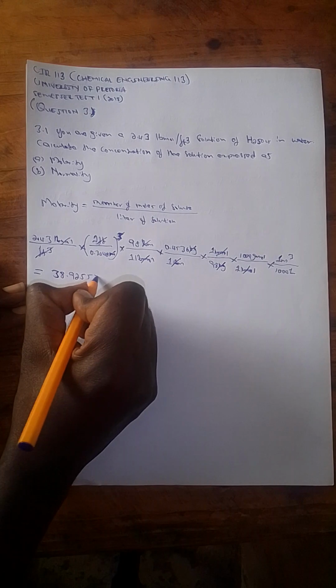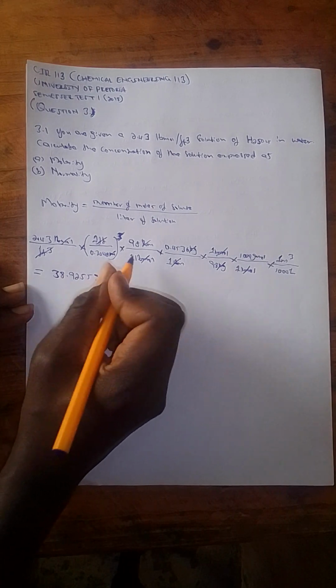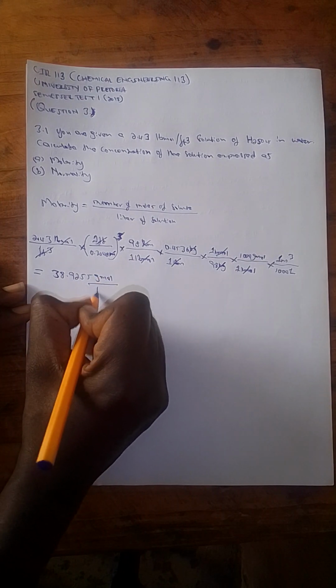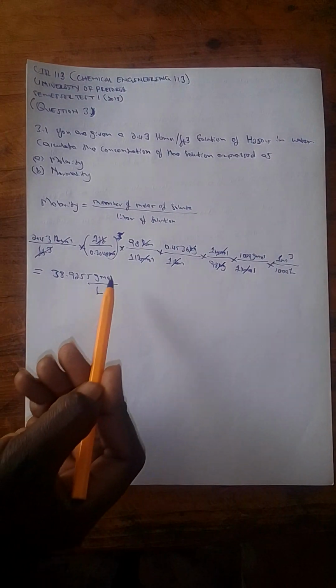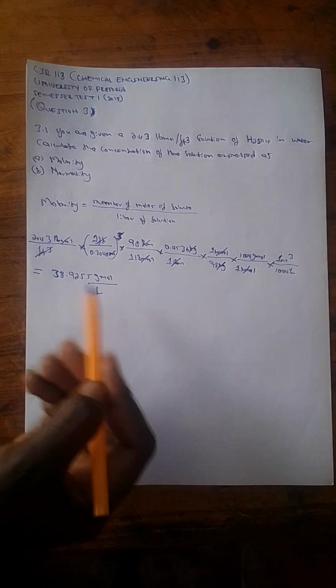When you use your calculator, that gives you 38.9255 gram moles per liter. We know from this equation that it's actually gram moles H2SO4 per liter of solution.